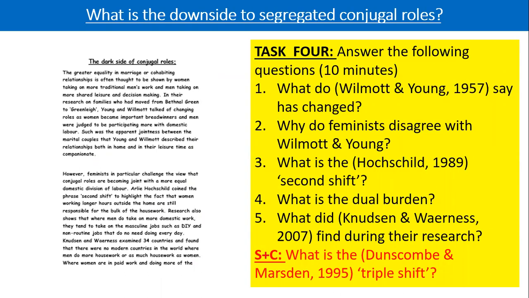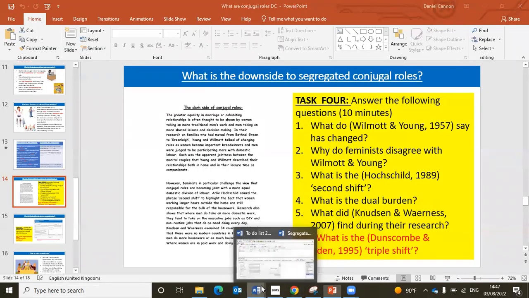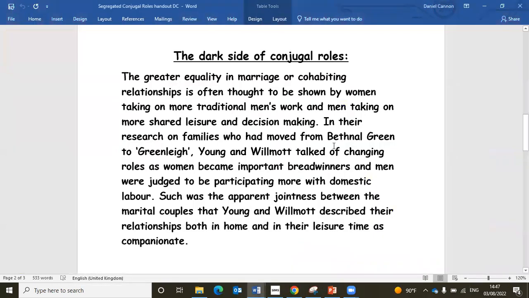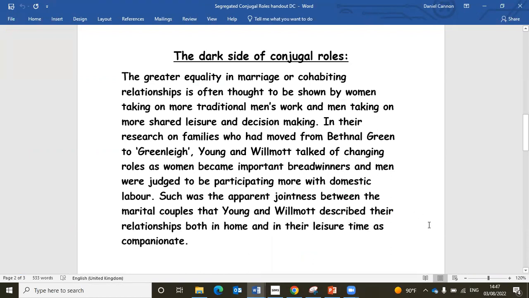Okay, so we're just going to read through this article on the dark side of separate conjugal roles. You can read at your own leisure and mute me if not, just listen along. The greater equality in marriage or cohabiting relationships is often thought to be shown by women taking on more traditional men's work and men taking more shared leisure and decision making.